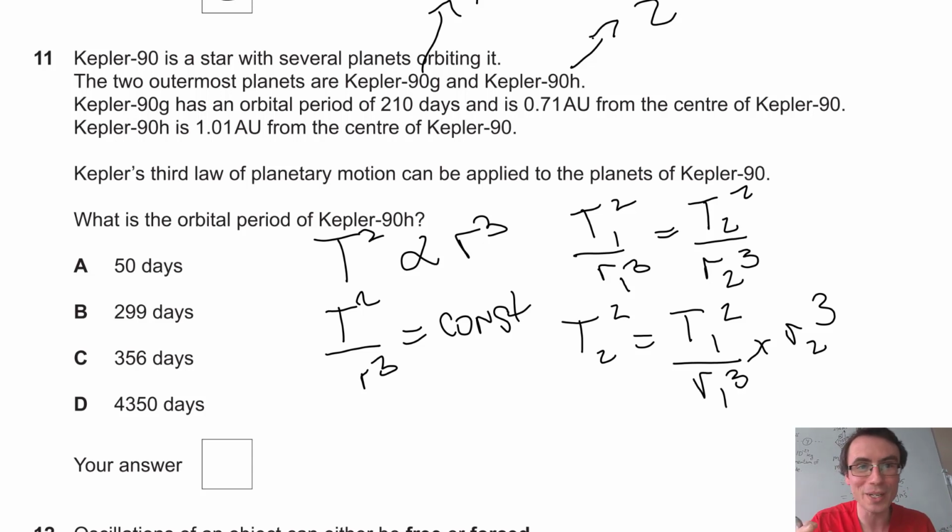What we do have to worry about though is making sure that we don't forget to square or cube, because this is really important.